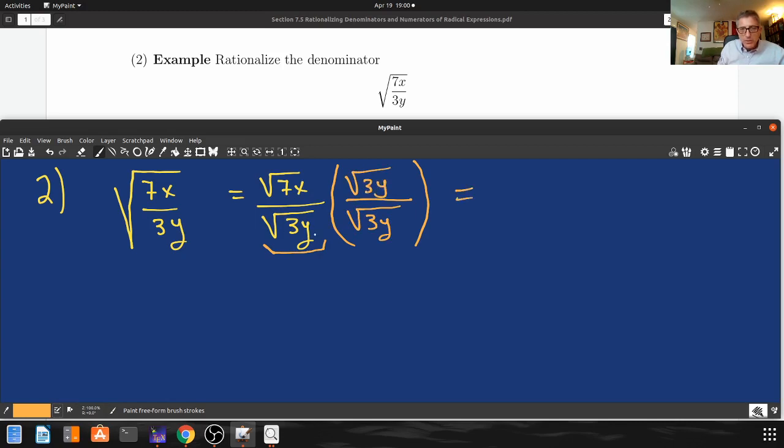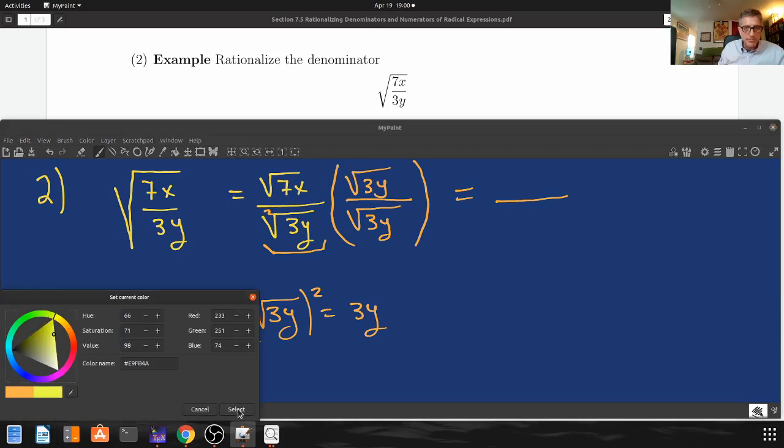Since the index is 2, what I'm looking for is that radical squared. When I square that radical, the square root of 3y squared is equal to 3y. So I'm going to get 3y on the bottom.